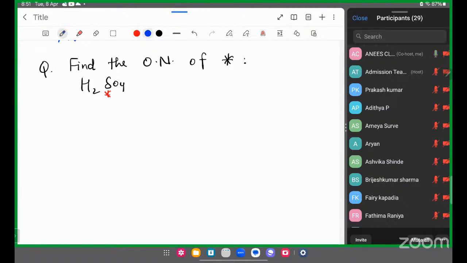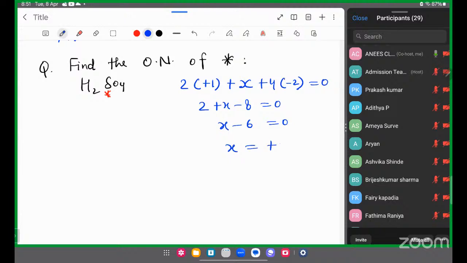In this case, we have two hydrogen atoms, and the oxidation number of hydrogen will be taken as +1 because hydrogen is not with group 1 or group 2. Plus the oxidation number of sulfur has to be calculated. We will consider it as X. Plus 4 into the oxidation number of oxygen, -2, equals 0. So this will be 2 plus X minus 8 equals 0. X minus 6 equals 0. So X will be +6.